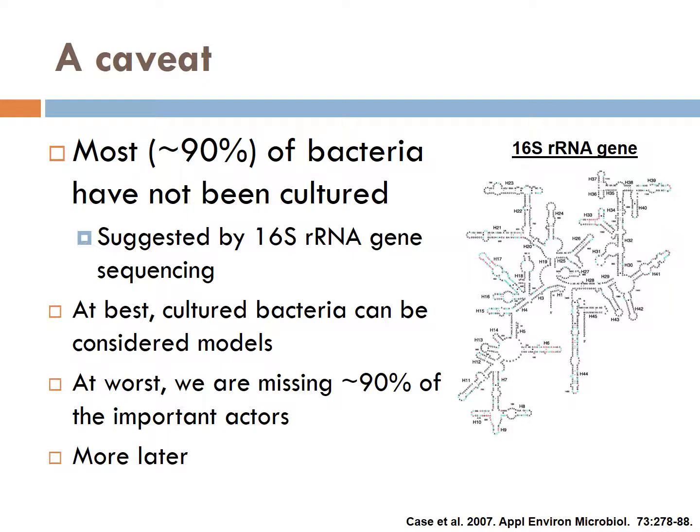At best, cultured bacteria can be considered models. For example, we can say the ruminococci and Fibrobacter succinogenes are not the only cellulolytic bacteria in the rumen, but they're probably representative and are good models for studying uncultured bacteria. At worst, we're missing 90% of the important actors. We'll discuss more of this later.